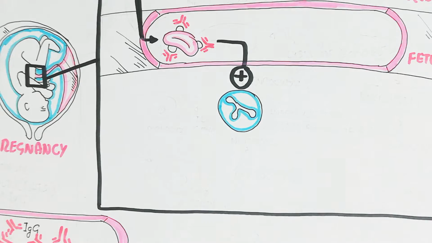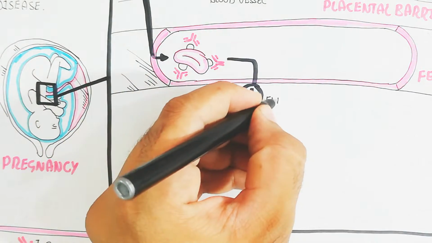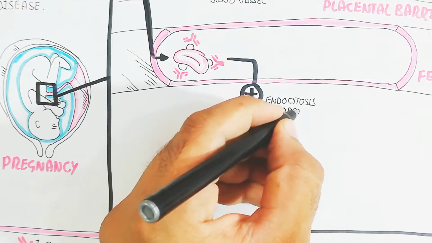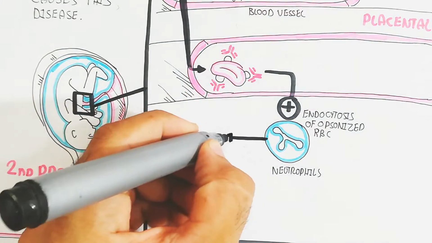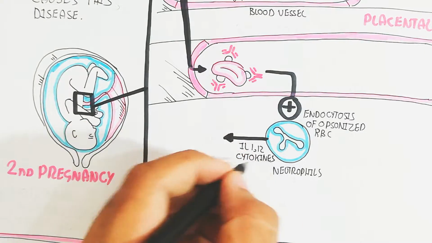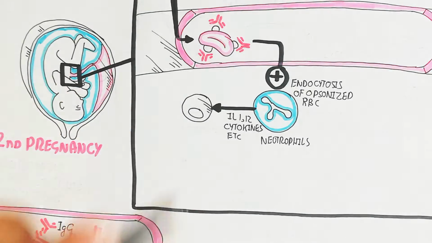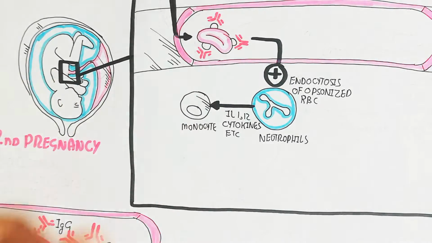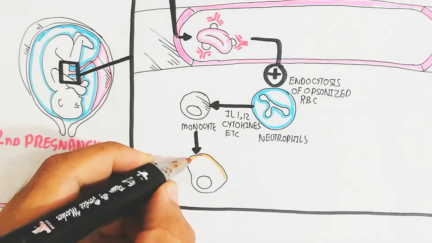The hydrolyzation and breakdown of RBC through neutrophils will produce interleukins and cytokines. These interleukins and cytokines recruit monocytes and cause their proliferation, which then convert to macrophages. The monocyte is the precursor of the macrophage.